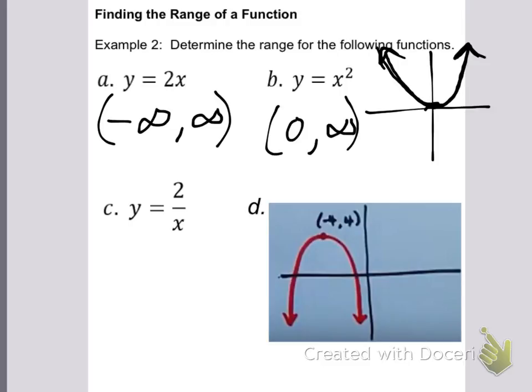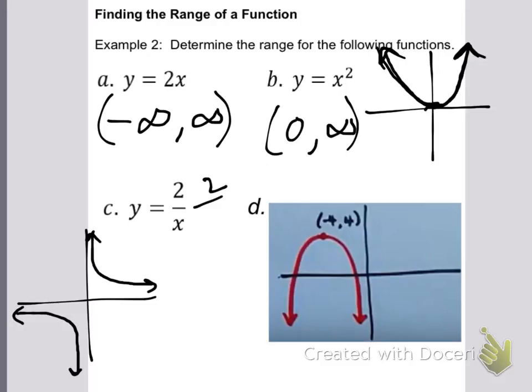Now, C. 2 over x. Now, if you plotted that in your calculator, it would look something like this. Now, x can be any number it wants to be, except 0. X can't be 0 because 2 divided by 0 is undefined.